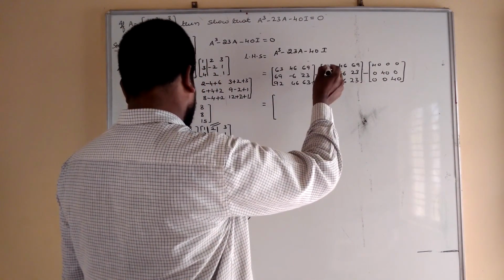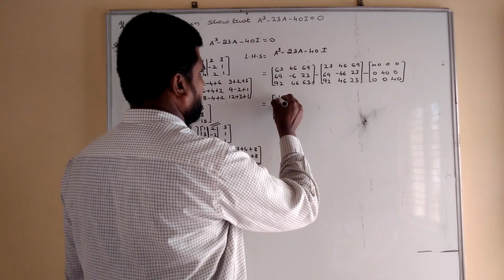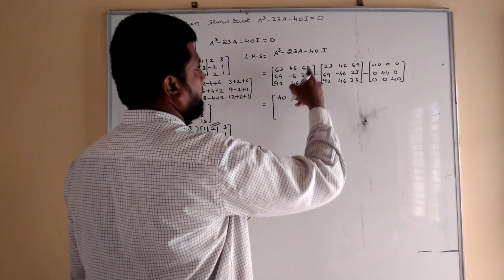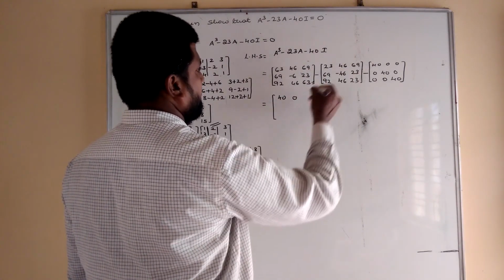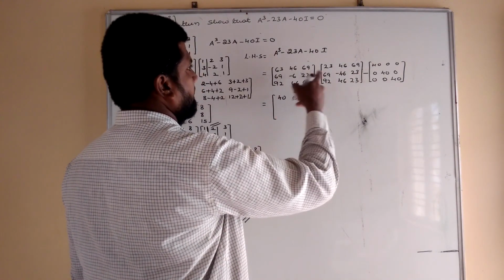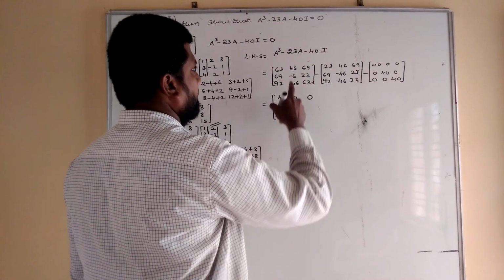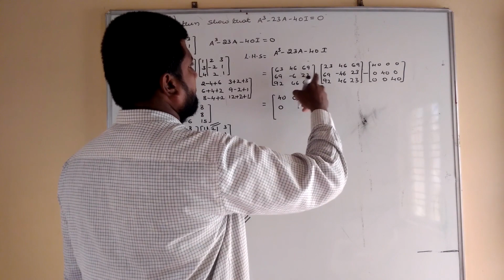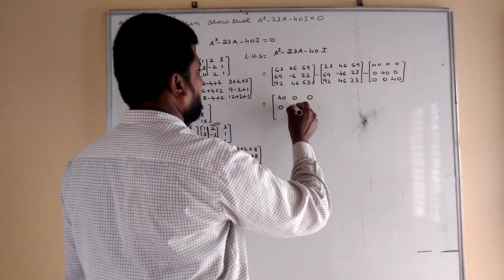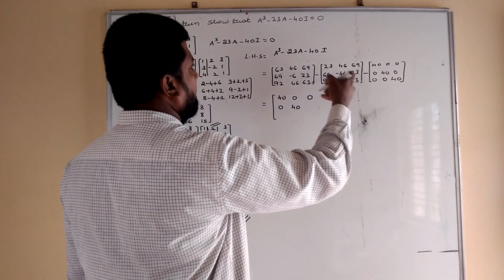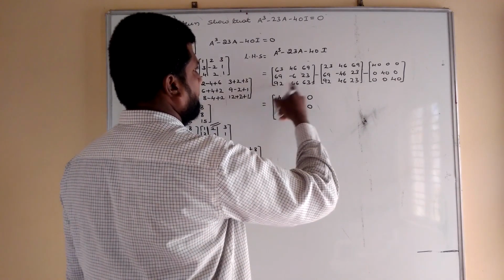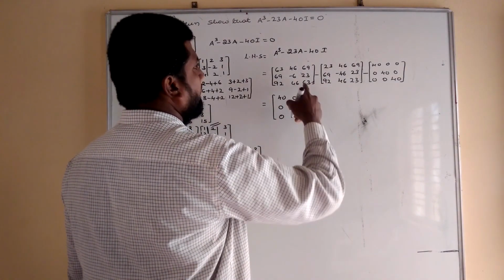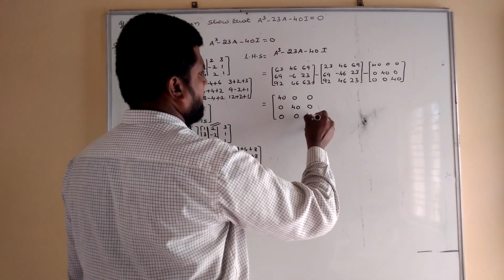63 minus 23 means 40. 46 minus 46, you are getting 0. 69 minus 69, 0. 69 minus 69, 0. Minus 6, minus into minus plus. So plus 40. Minus 6 plus 40 means 40. 23 minus 23 means 0. 92 minus 92 means 0. 46 minus 46 means 0. 63 minus 23 means 40.